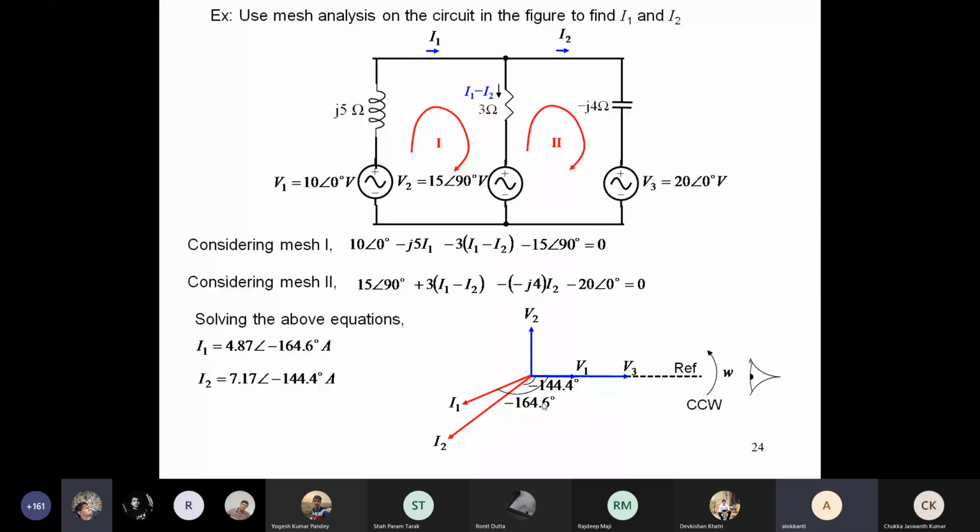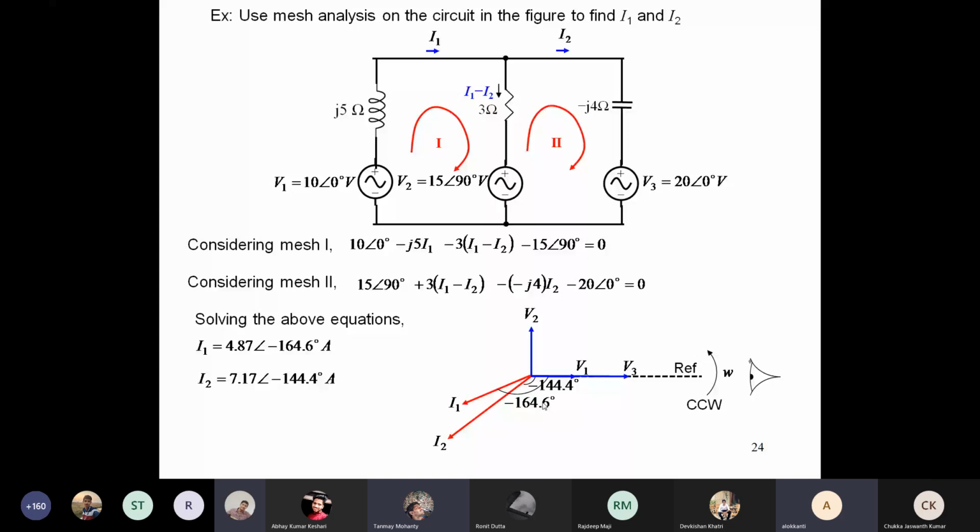The angle is 144.9, maybe. Yes, 144.9. The magnitude is coming near 7.08, a small difference.